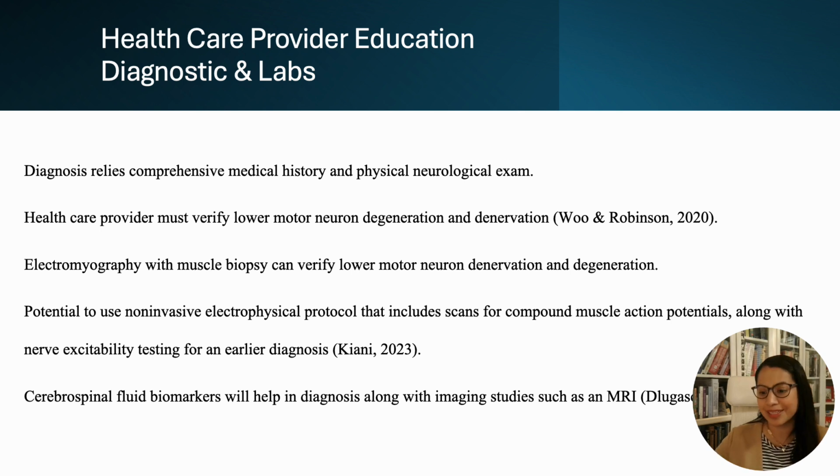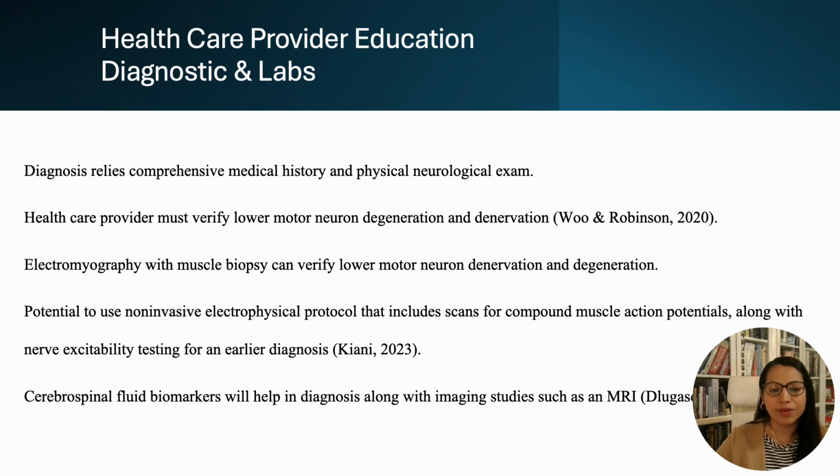So what are some of the things that we can do for our patients as far as testing them in labs and diagnostics to test for ALS? There's not one tried and true method for ALS, but there's a multitude, a combination of them per se. It really does depend on the healthcare provider doing a comprehensive medical history and physical neurological exams.